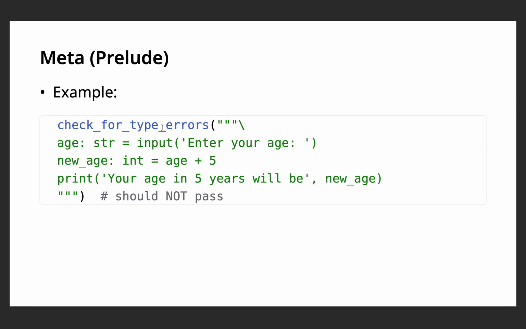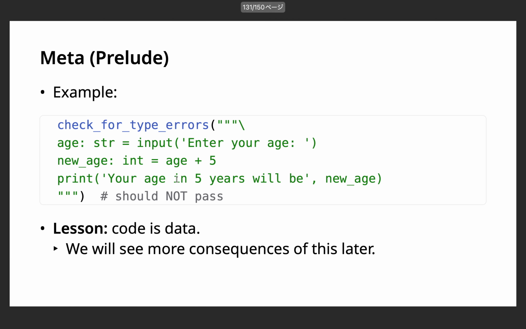Of course, they're a lot more complicated since they have to actually solve this problem that we're laying out right here. But at a very, very high level, this is how they work. Okay, so in one of the later lectures, the last lecture in particular, we'll be seeing more consequences of this idea. The idea that all code is data.